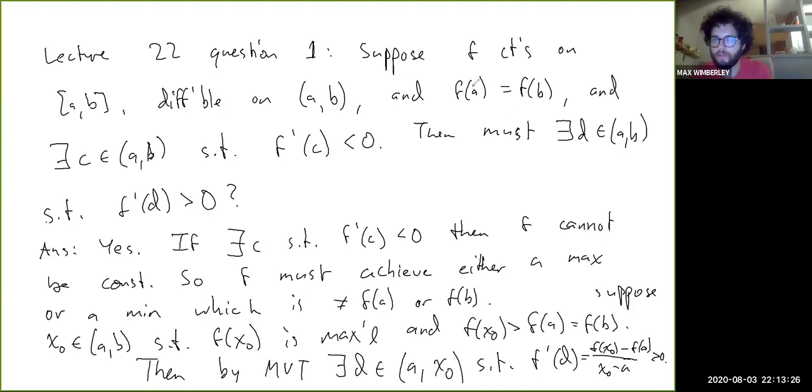I just did it with f of a equal to f of b to make the algebra simpler, but you can easily generalize this: suppose there's a c such that f prime of c is less than the average slope. Then there exists a d such that f prime of d is greater than the average slope, and the answer will be yes. You can prove that just by transforming it into this one, the same way that we transformed the mean value theorem into Rolle's theorem in the proof.